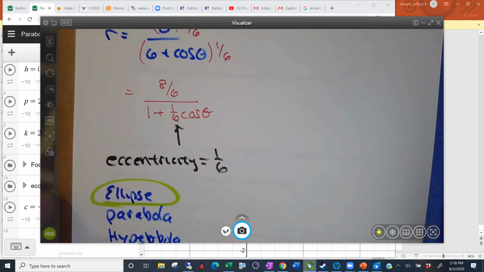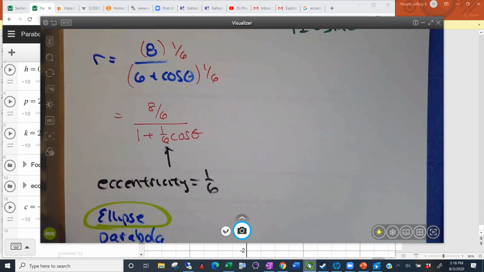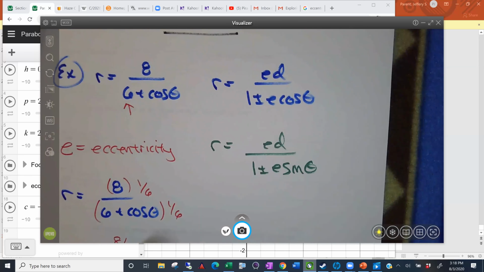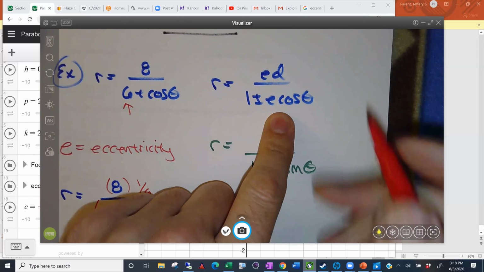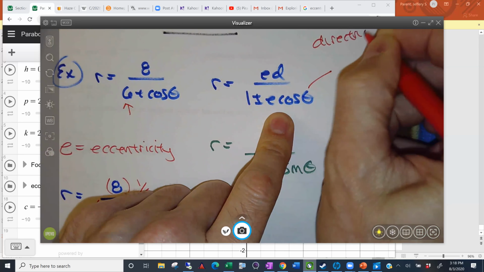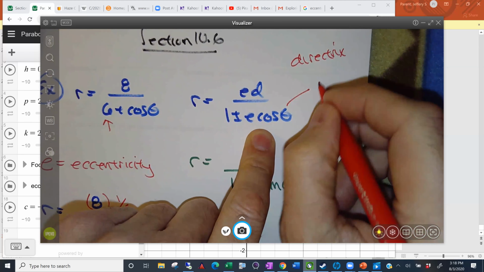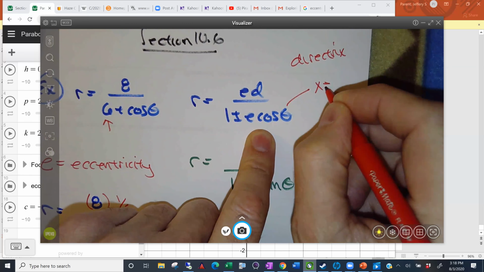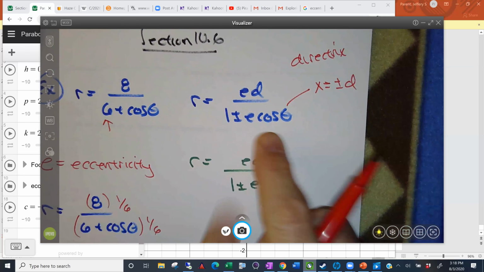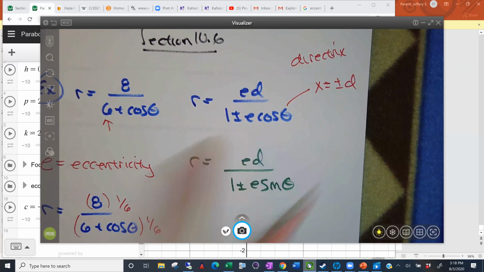And there's one last thing we need to determine, and that's the equation of the directrix. So let me try and help you find the equation of the directrix. Your directrix, for this, is going to have the equation of x is plus or minus d, and the plus or minus is going to match the plus or minus in here.